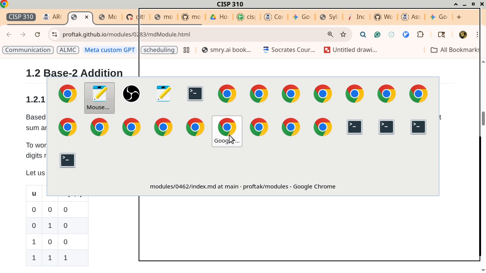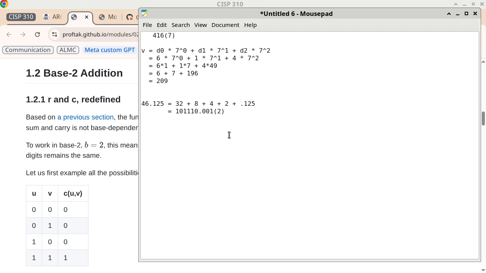Let me go back to my editor here. What do you think is the single digit sum of 0 plus 0, even without referring back to the R function? That's 0. What is 0 plus 1? It's 1.